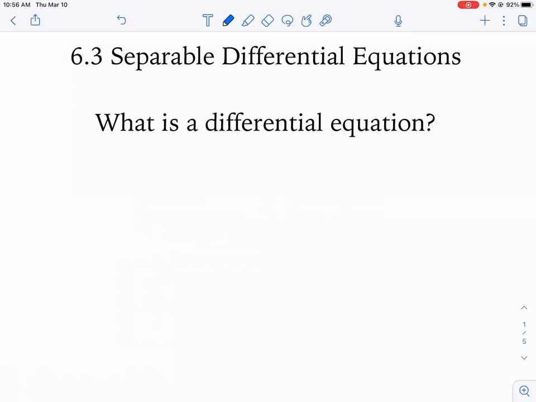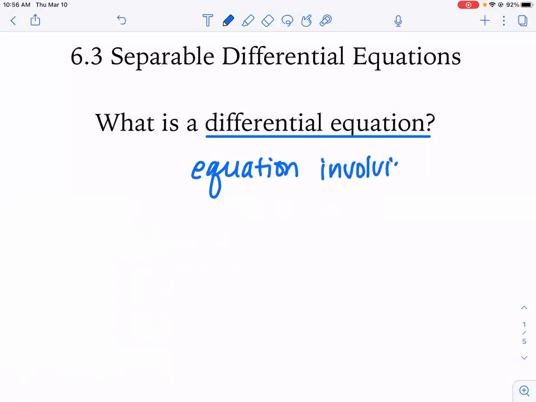Okay, so a differential equation is an equation involving a dy dx, so a derivative. We are actually going to work on separable differential equations where we can group x's together, we can group y's together, and then from there solve for y equals.